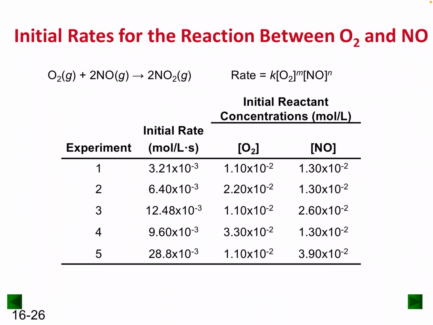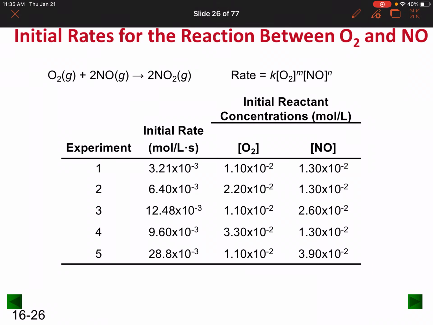Here's another experiment. Initial rates for the reaction between oxygen and nitrogen monoxide, which is similar to what we did in the previous example. Now we're going to find out the orders m and n for this reaction. So the rate is given as k, oxygen. You see here, this is going to be our reaction.